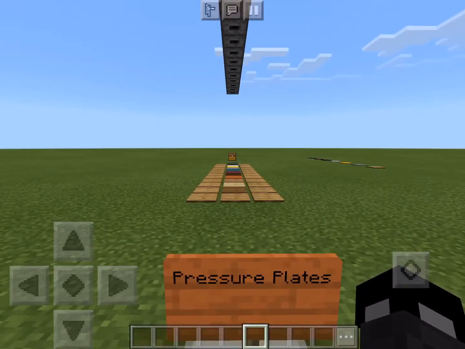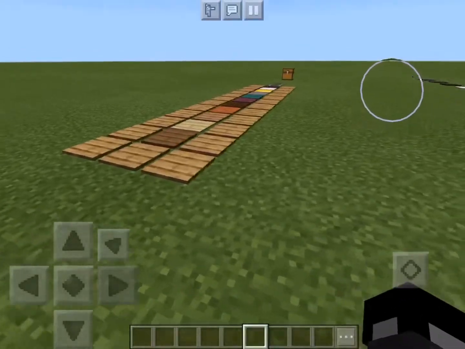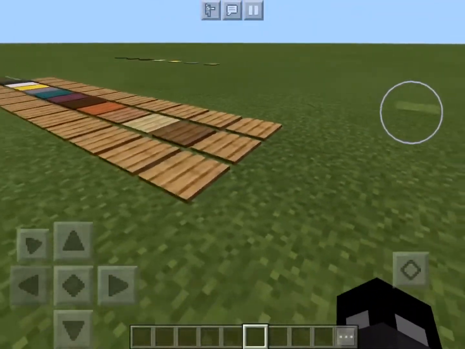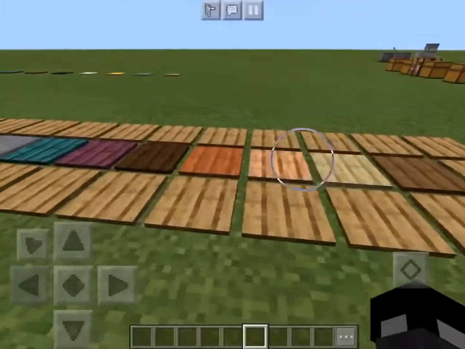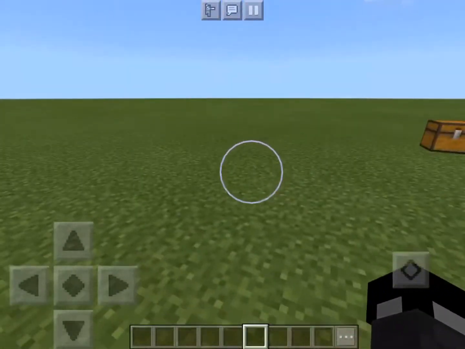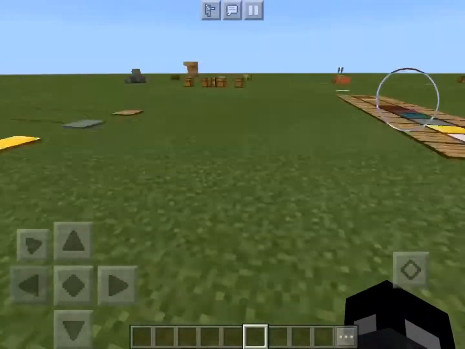There's a whole bunch of tests to be done regarding pressure plates, including their timing and how they're activated and their redstone signals. So we're going to just do some timing, and I will say that the wooden ones are all the same. This is actually the third time I've tried recording this, and it's torture now.